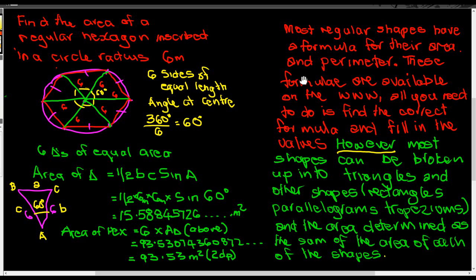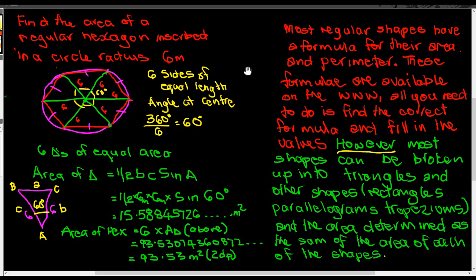Possibly put the formula into some sort of spreadsheet so that you could very quickly work out the area of that shape. But if you're just doing it on a one-off sort of basis, well, that's probably not the best use of your time.